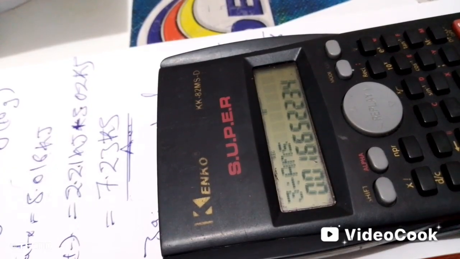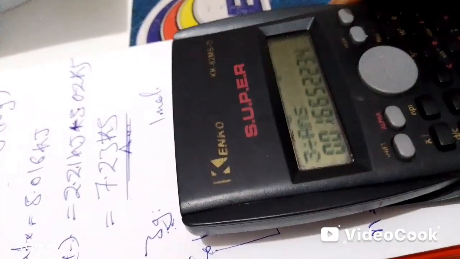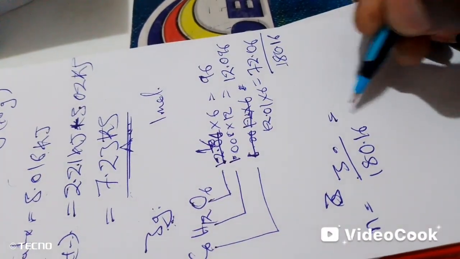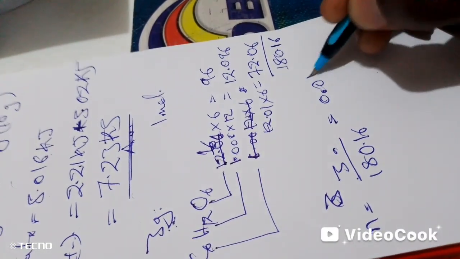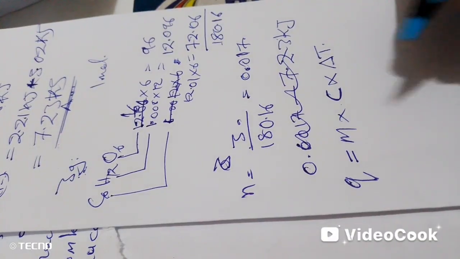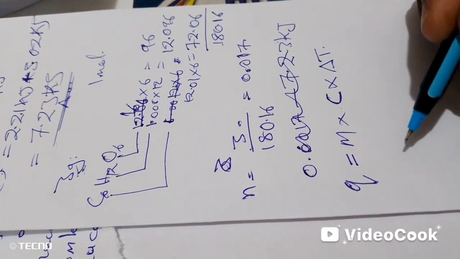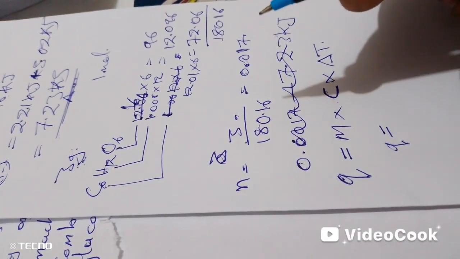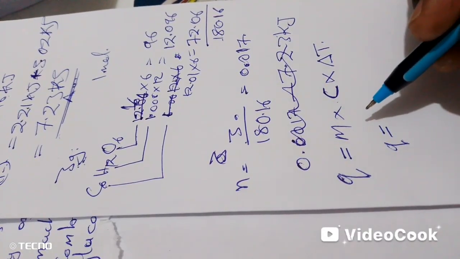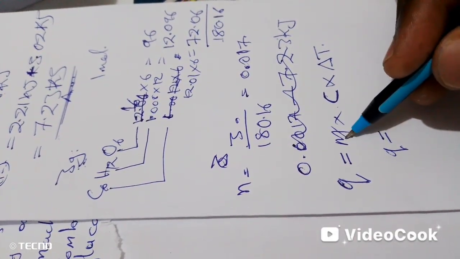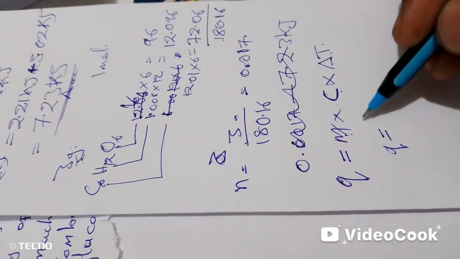So it's going to give me 0.017 moles. Okay, so we have 0.017. So to find the heat capacity in here, since we already used the mass, we can just use the other way. We can say C times this. So mass has been used.